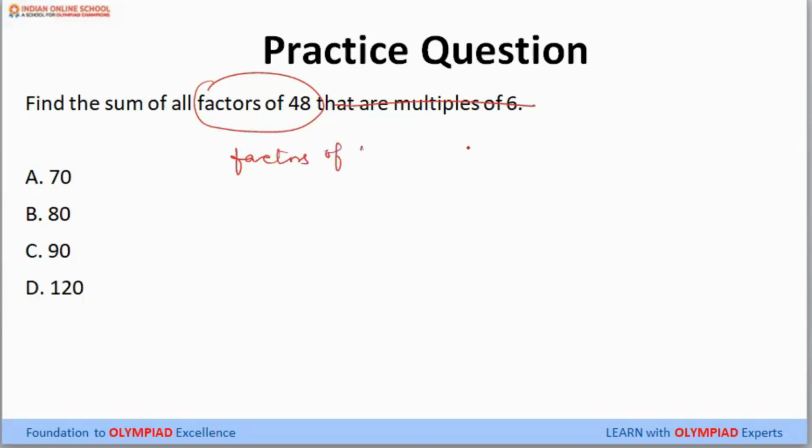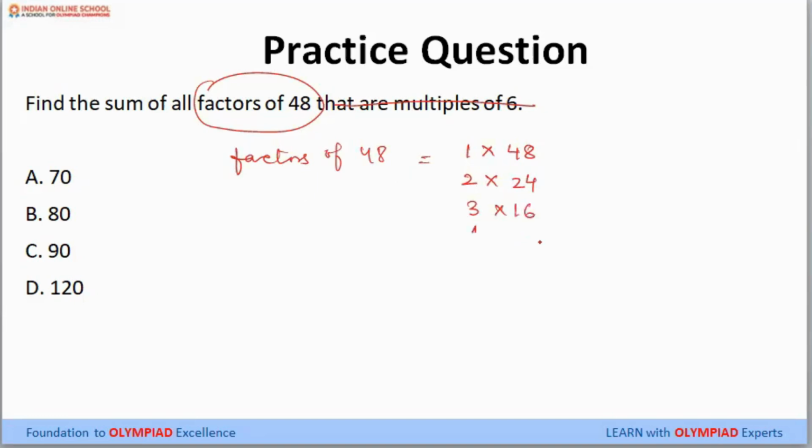48, 96. Not multiples, factors. In one table, how many times is 48 there? 48. In two table? 24. In three table? 16.